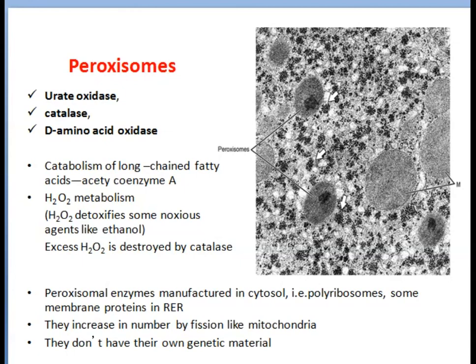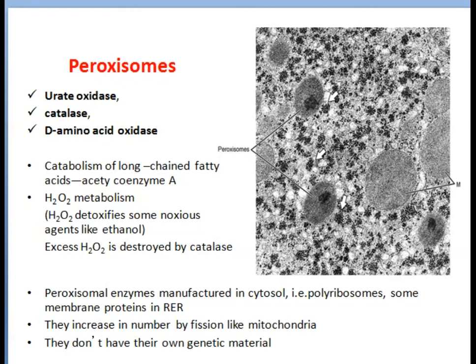Hydrogen peroxide is formed as a result of beta oxidation of fatty acids with long chains. Hydrogen peroxide is needed for detoxification of toxic substances like ethanol, and it also has antibacterial activity. But excess hydrogen peroxide is destroyed by catalase, which is also present in peroxisomes.